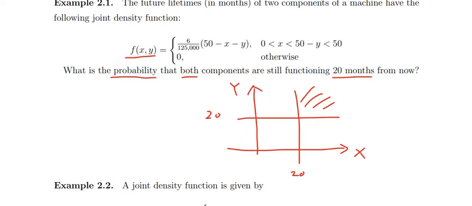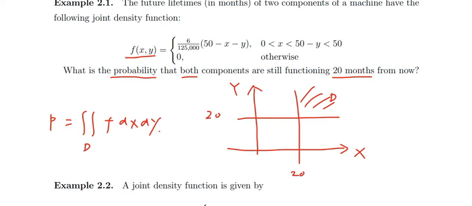So we just do this integration. Suppose this is D. This probability is just the integral of the density function over D, dx dy. So those are just double integrations.